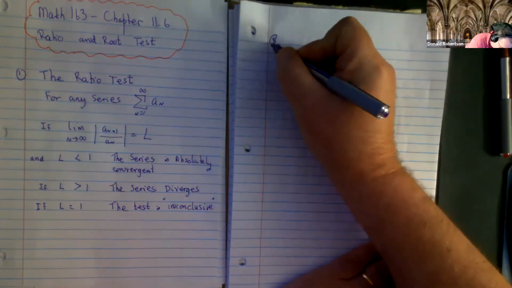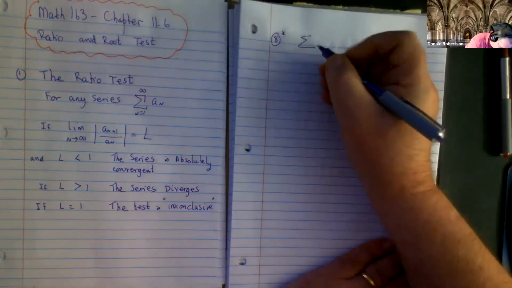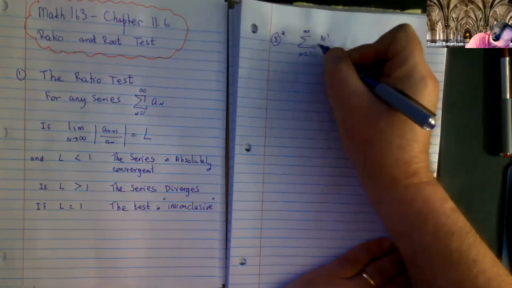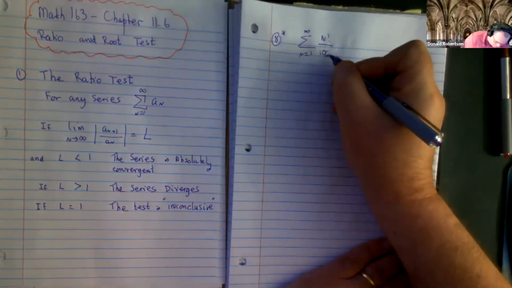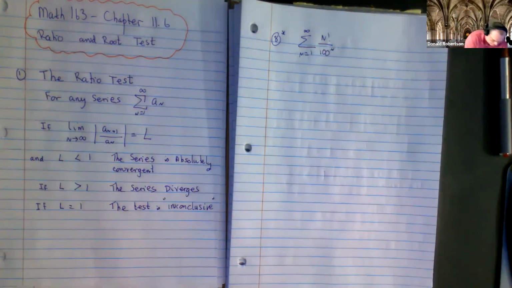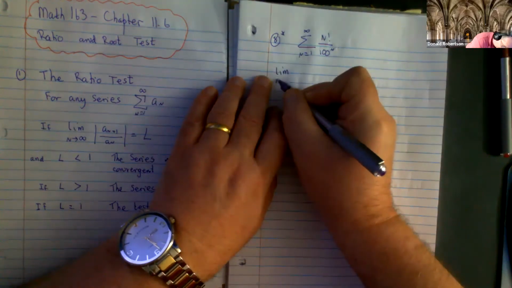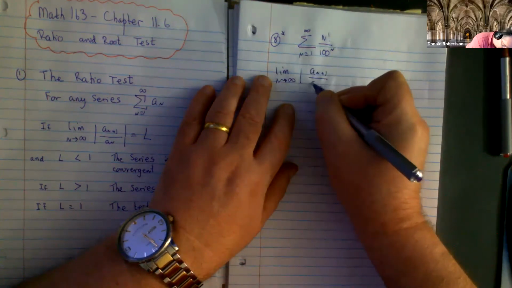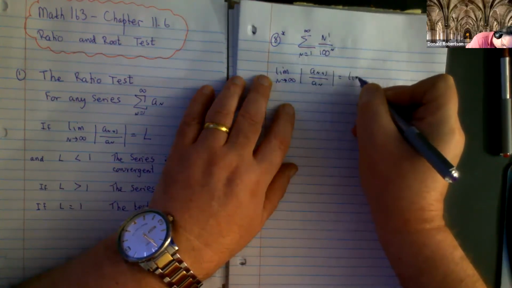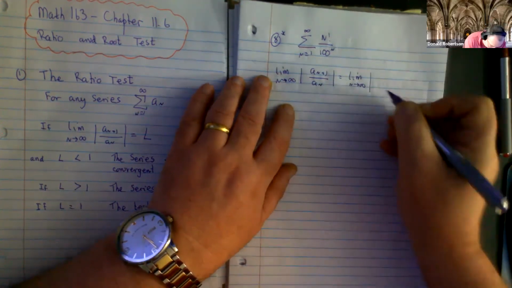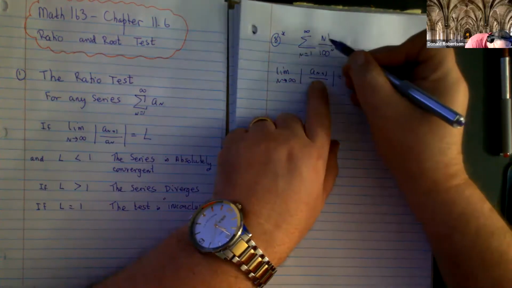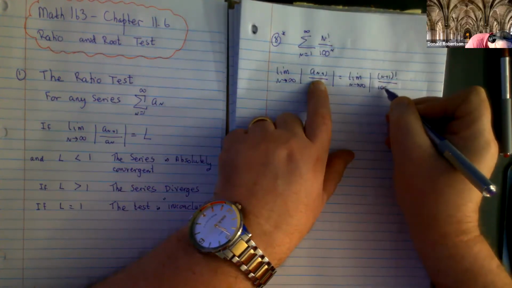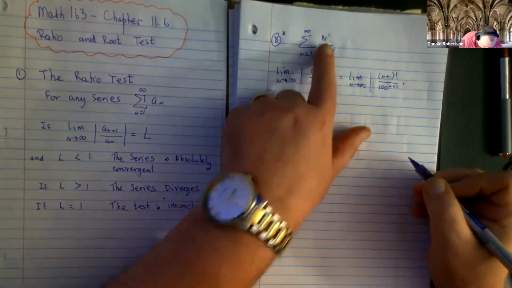This is question 8. We're back to the n's. So we're going to find the limit as n tends to infinity of a n plus 1 over a n. N plus 1, that guy and that guy get replaced by n plus 1, times the reciprocal of this guy.